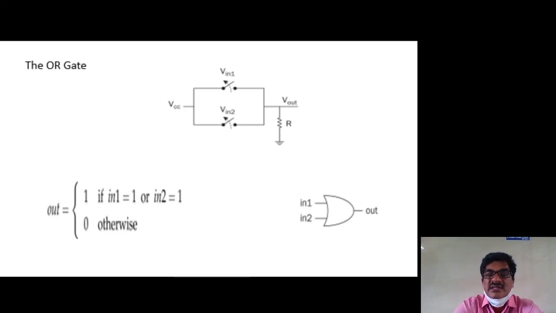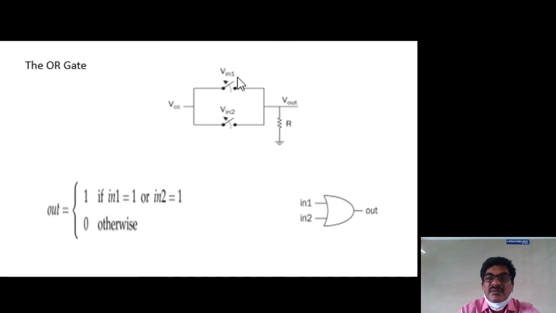In the OR gate, what is the switching connection to represent the OR functionality? The circuit arrangement is like this. In the OR gate case, we have a minimum of 2 inputs, Vin1 and Vin2.